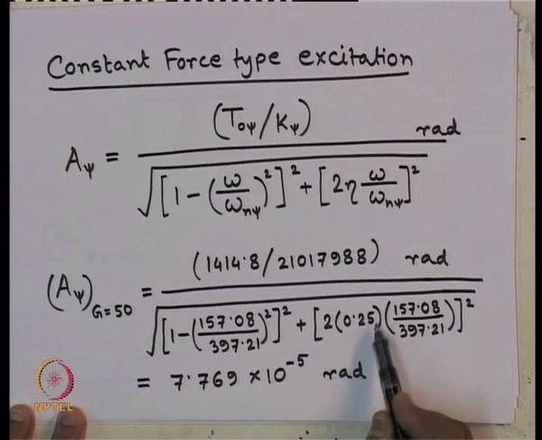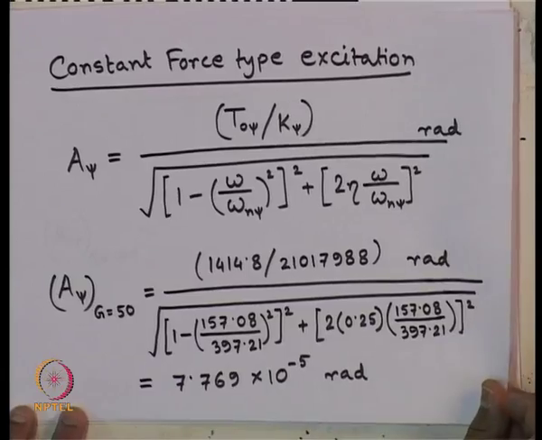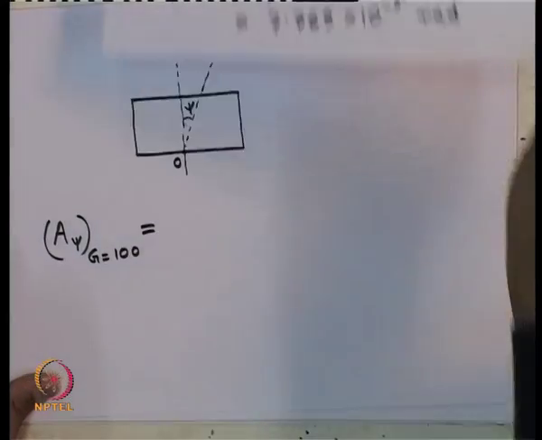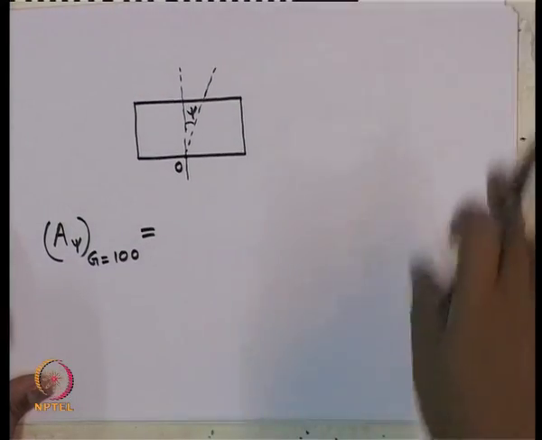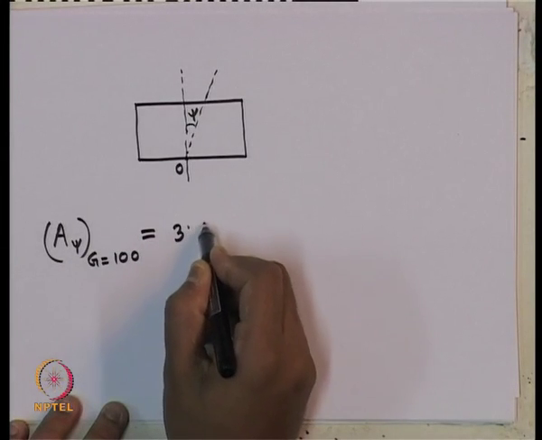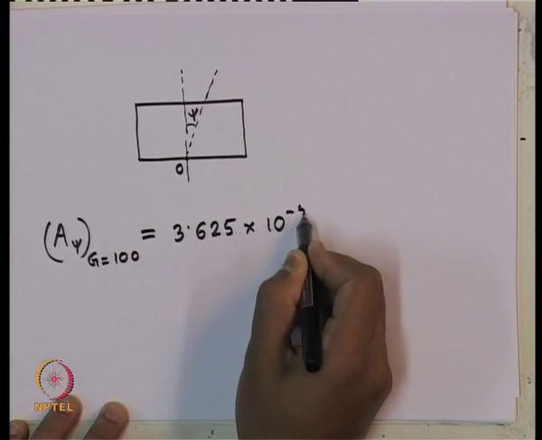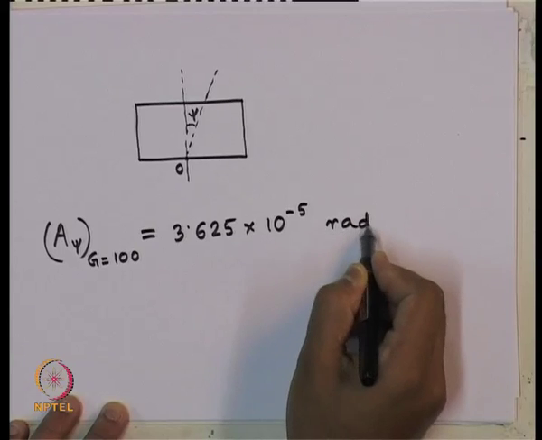Here also eta remains the same, omega remains the same, omega n psi changes to 545.91. So, by putting those values, how much are we getting for A psi? 3.625 into 10 to the power minus 5 radian.